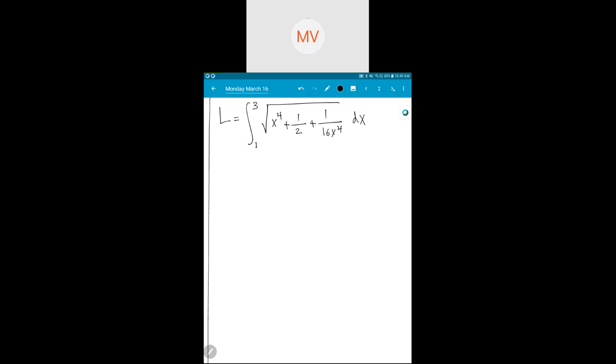And let's see what happened. So we had x squared minus 1 over 2x squared. We distributed this, we foiled this, and we got x to the 4th, minus half, and then plus 1 over 16 x to the 4th.